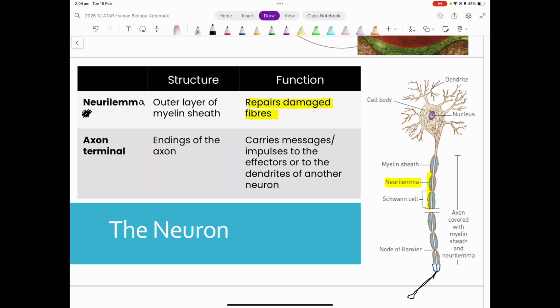These endings are what we refer to as the axon terminals. These axon terminals are the final destination, and they carry that message to the effector, something like a muscle or a gland, or to the next set of dendrites.